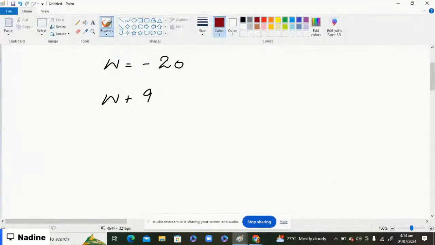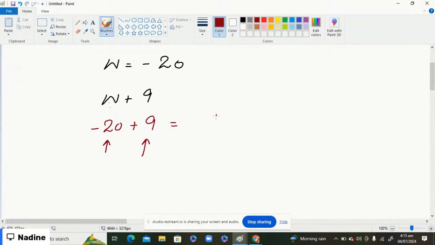So what does it mean? It means that in place of w we are going to put minus 20. So I'm putting minus 20 plus 9 in place of w plus 9. Again the same rule. Look here. If one is negative and one is positive, it's always subtraction, and you put the sign with the greatest one. So minus 20 and plus 9. What answer do you get?